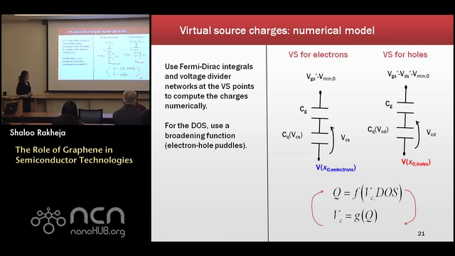So what we did was we used Fermi-Dirac integrals and voltage divider networks to compute the charges numerically. Another thing that goes into this computation is the density of states, and we have to use an appropriate density of states for these calculations. What I mean by appropriate density of states is a density of states with a broadening function that can actually simulate the effect of electron-hole puddles in graphene, and then you could compute your charges numerically.